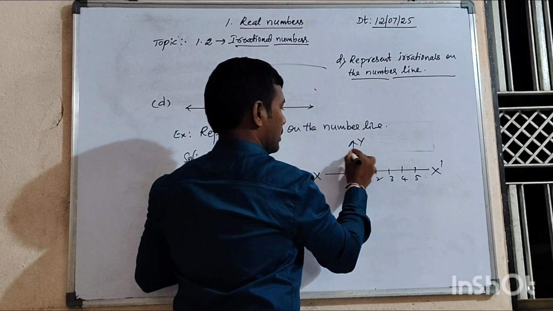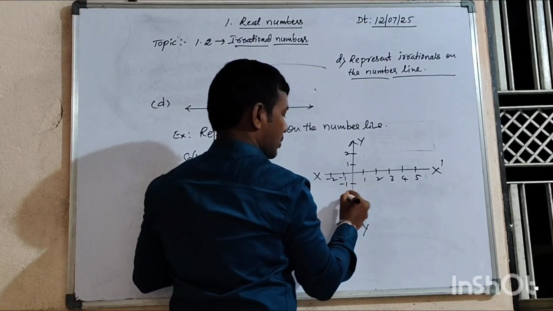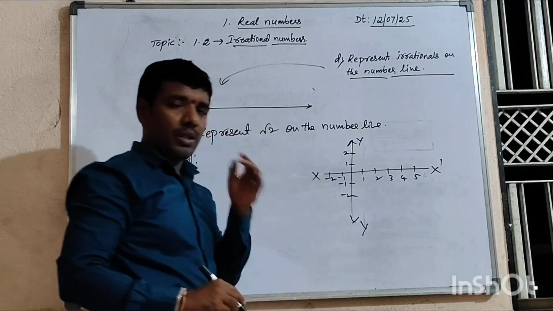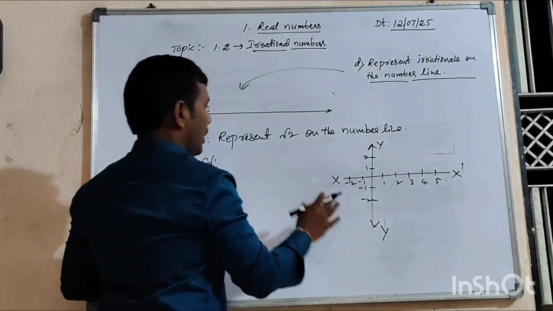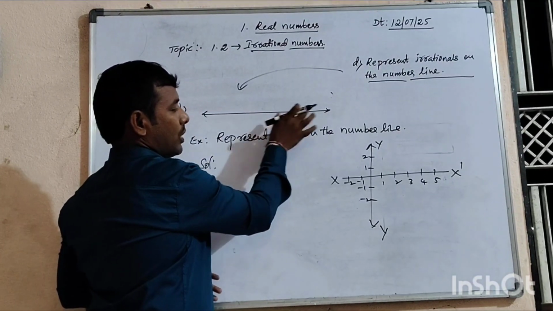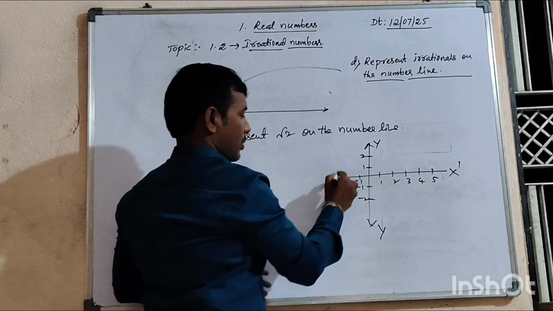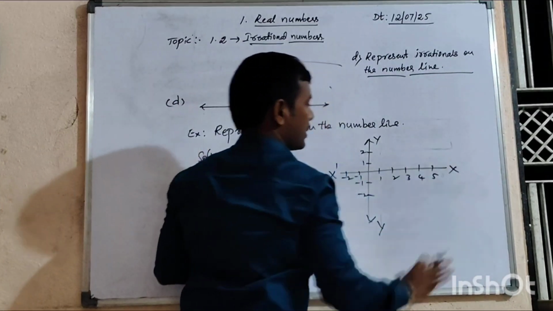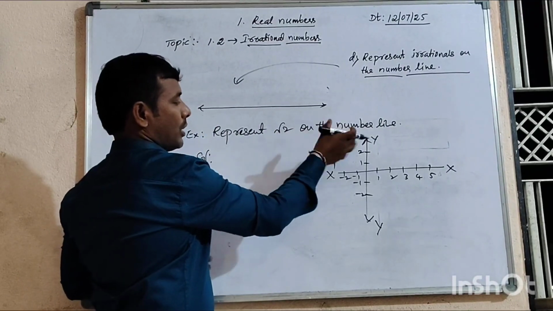This is 1, this is 2, this is minus 1, this is minus 2. This is generally coordinate geometry. In that coordinate geometry, we can locate root 2 on the number line.